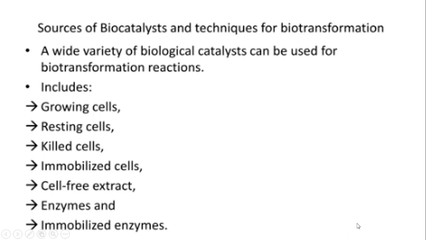So what are the biocatalysts that can be used for biotransformation? You can use growing cells, resting cells, killed microorganisms, immobilized cells, immobilized enzyme, free enzyme, cell-free extract. All these can be used for biotransformation or bioconversion.